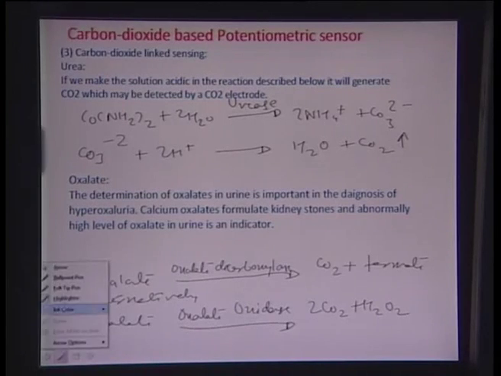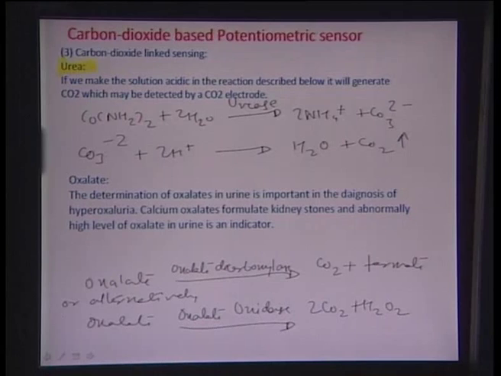steps. So, we can again detect urea, blood urea, by using carbon dioxide sensors. If we make the solution acidic, in the reaction described below, it will generate CO2, and this may be detected by a CO2 electrode. So, let us say urea, CO(NH2)2, hydrolyzes in the presence of urease, as we know, to convert into 2NH4 plus and CO3 minus 2.